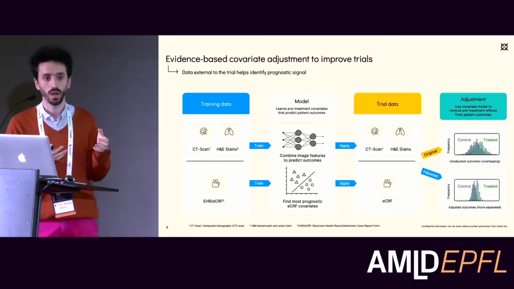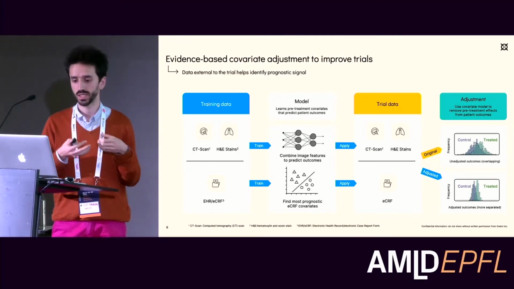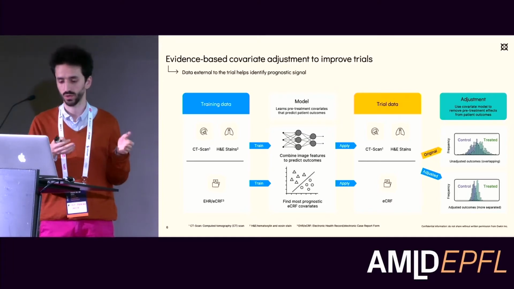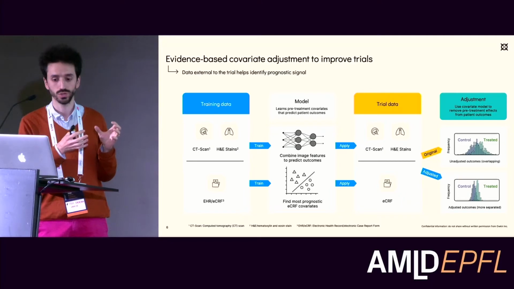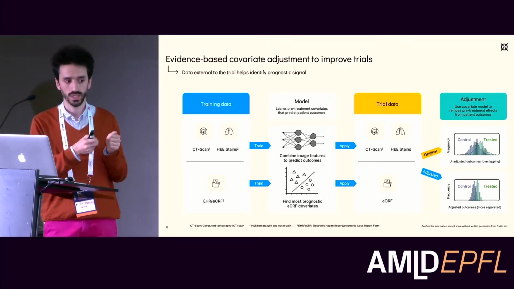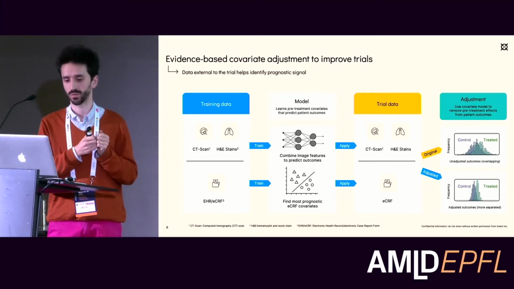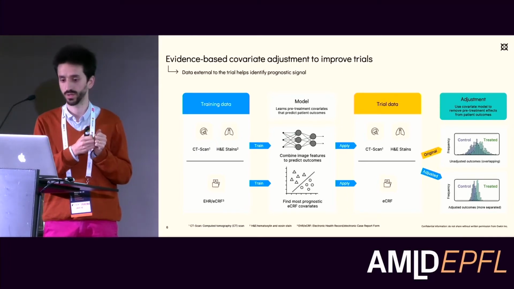That means at the clinical trial design stage, using external data, which can be past historical clinical trials or real-world data, to train models that capture all the prognostic information that we can in the trial population of interest.